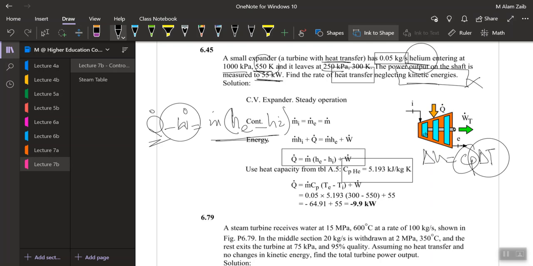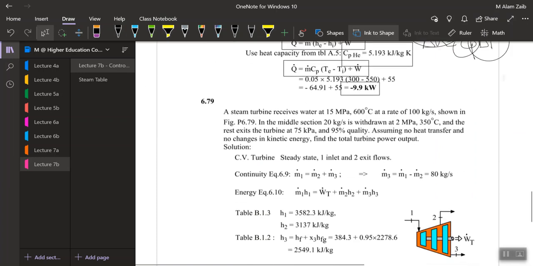The change in temperature, the inlet and exit temperature, is already given, so you can put the value in this equation and get the answer, which is minus 9.9 kilowatt. Minus means there is a heat transfer taking energy out of the system.